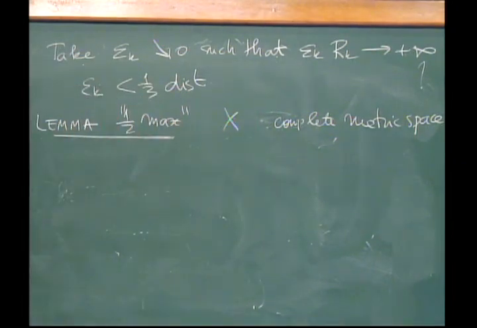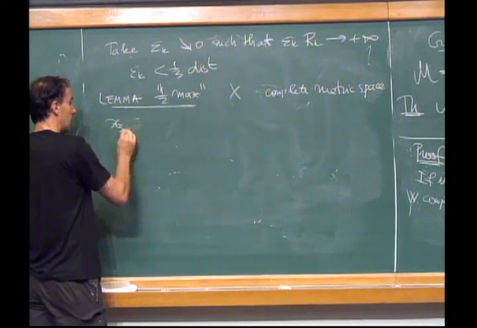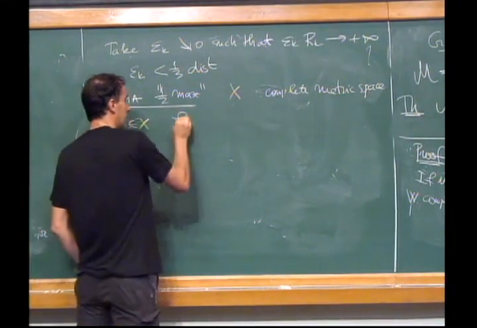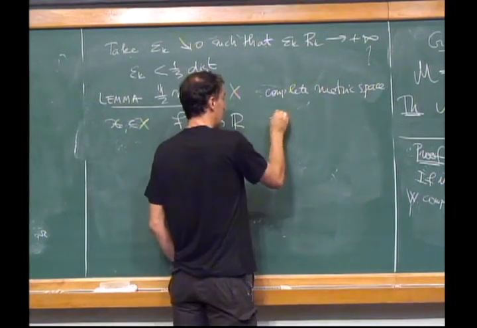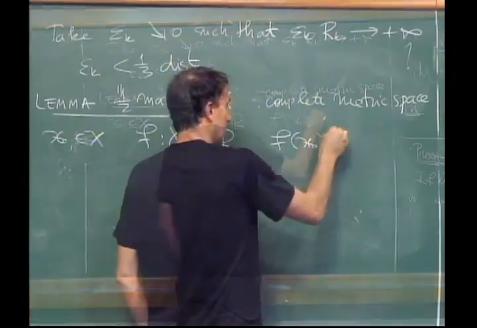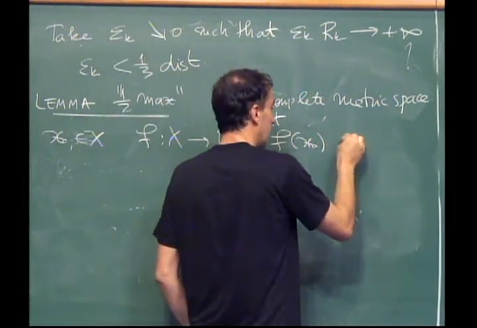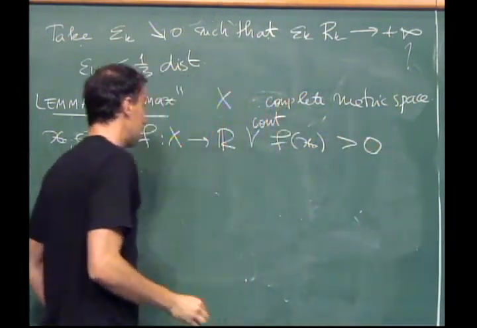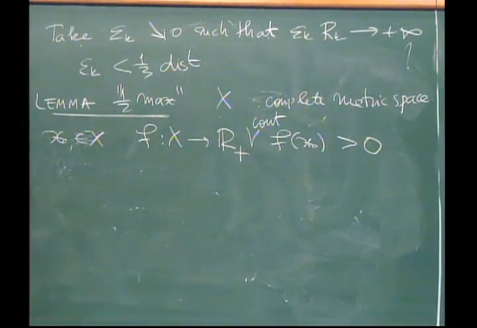And so take x0 in X, f from X to R, continuous, with f of x0 strictly positive. Maybe put here R plus. And epsilon 0 greater than 0.